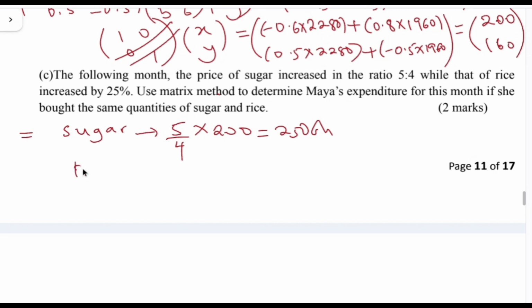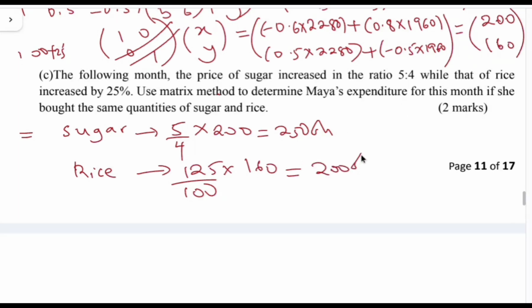Na ya rice kumbuka increase by 25%. So nikichukua 100 plus 25 ndo itakuwa percentage mpya ya rice. So you take 125 divided by 100 times 160 and it gives you 200 shillings. Sawa.